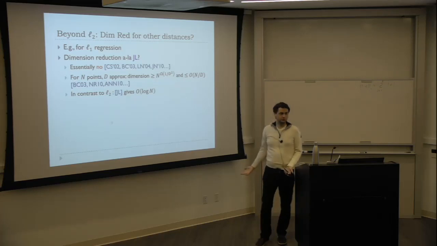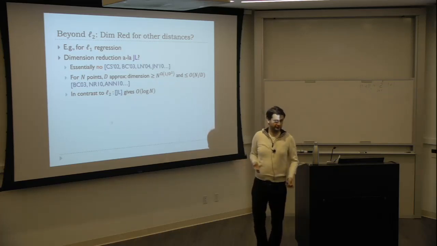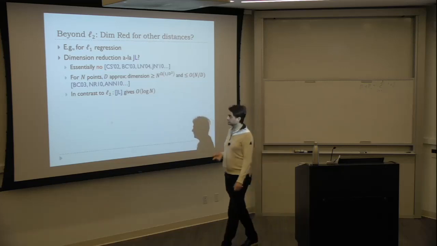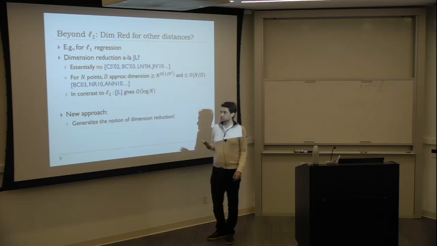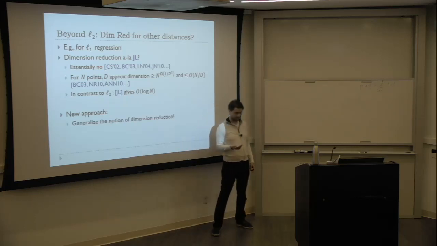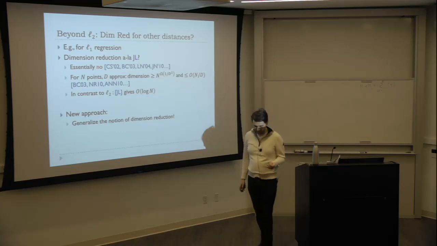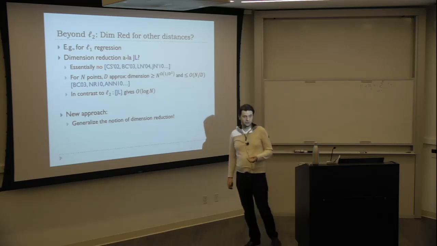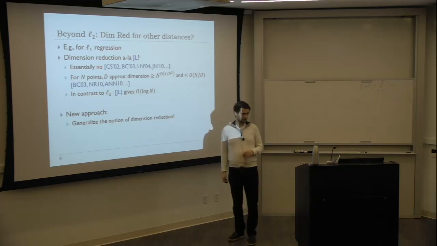So what do we do then? Is this entire theory restricted to Euclidean space? Well, the answer is no. We can actually go beyond, but what we need to do is generalize the notion of dimension reduction, and this is where sketching comes in. To best introduce sketching, we'll think about dimension reduction from the computational perspective.